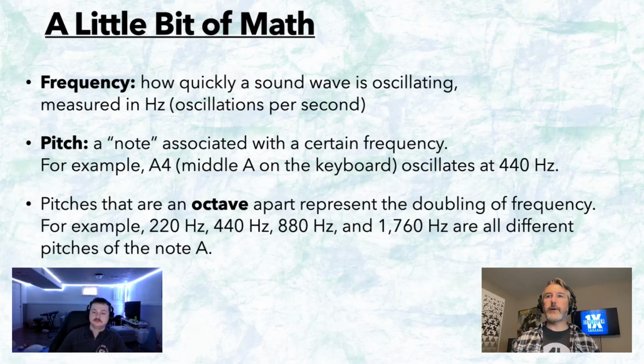And so the ratio from an A to an A is, I guess, 2 to 1, right? It's doubling. But the ratio from A to the C to the E, this is a ratio that we find pleasing.